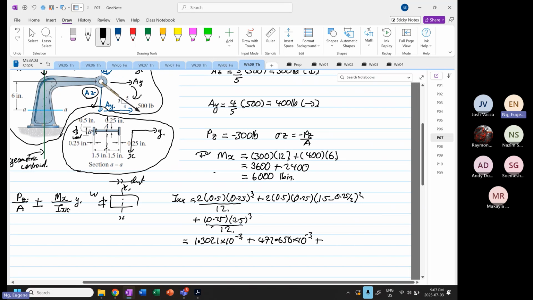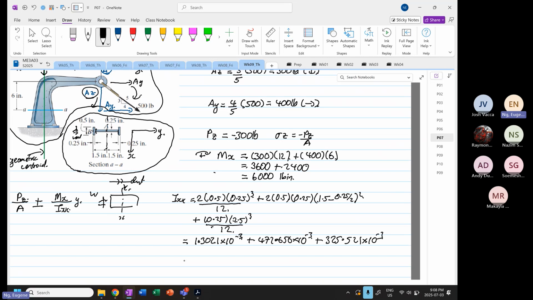Then plus 0.25, the width, multiplied by 2.5 to the power 3 divided by 12, is equal to 325.521 times 10 to the power of minus 3.